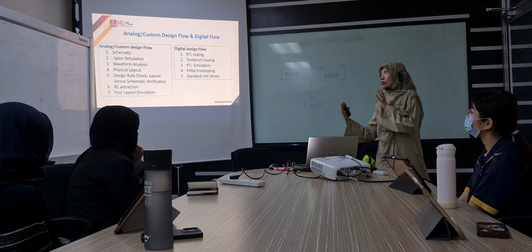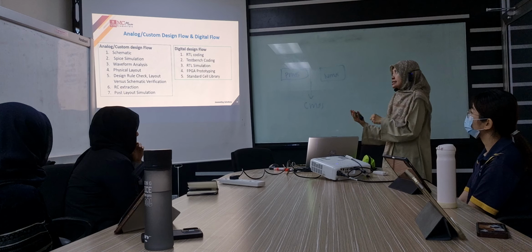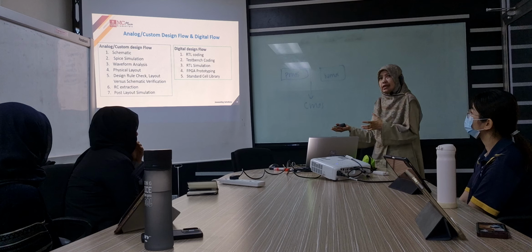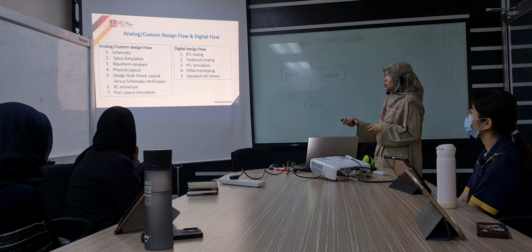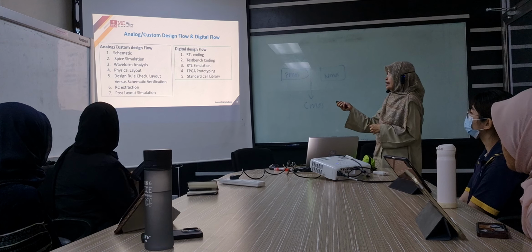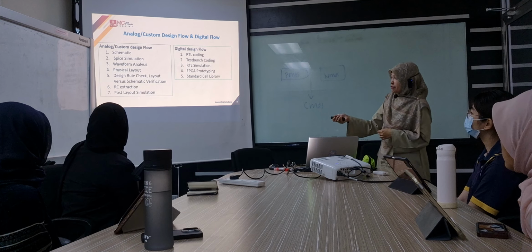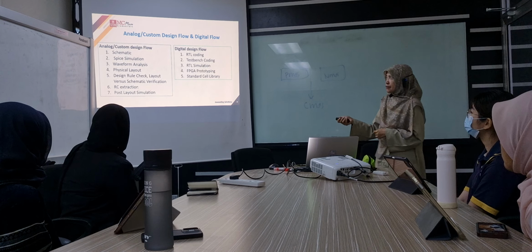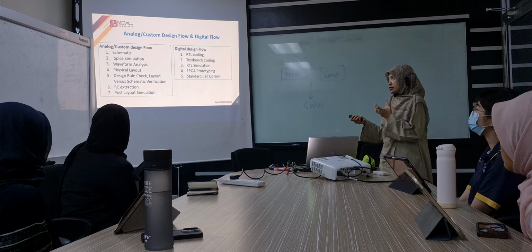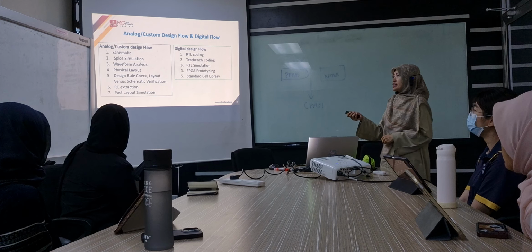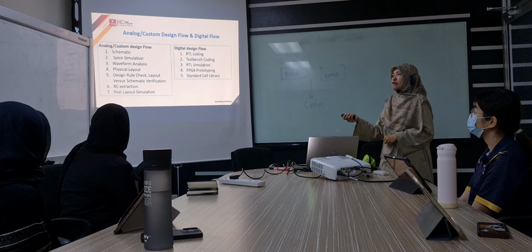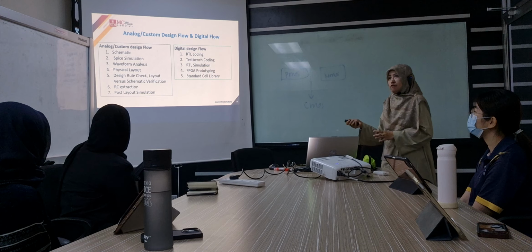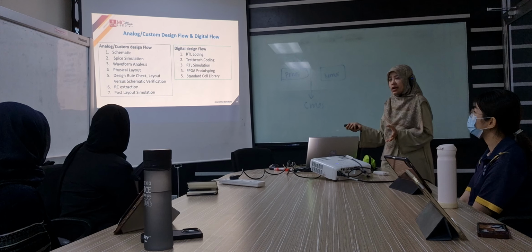So what I want to say about this, in VLSI design or CMOS, we have two types of designing. We can do analog custom design and digital design flow. There's a difference. In analog or custom design flow, we start with the schematic, and then we need to understand the SPICE model or SPICE simulations, come up with waveform analysis, physical layout, and design rule check.